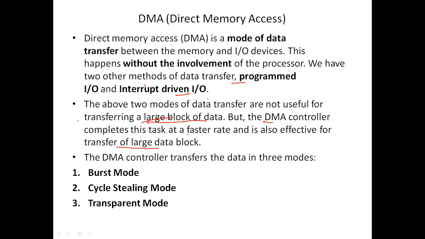So what is a DMA controller? The DMA controller looks after all the access parts of the DMA. Here the task is done by the DMA controller only. Thus the DMA controller transfers the data in three modes: burst mode, cycle stealing mode, and transparent mode.